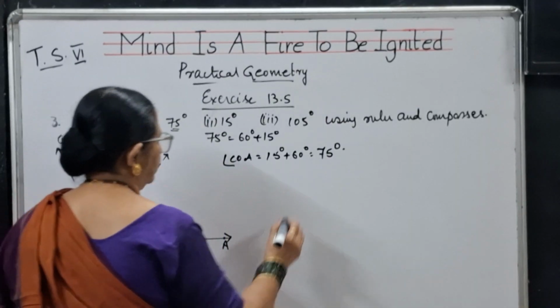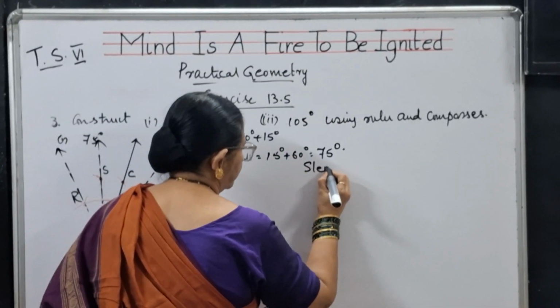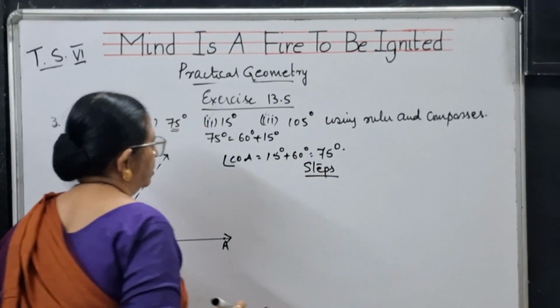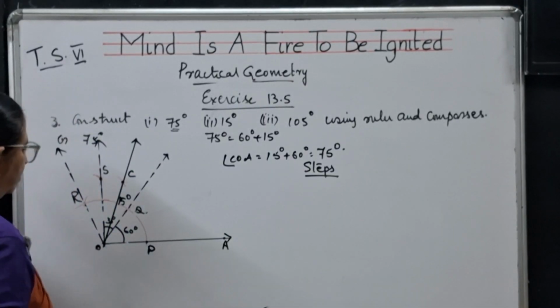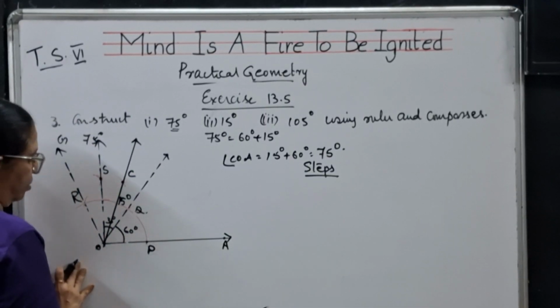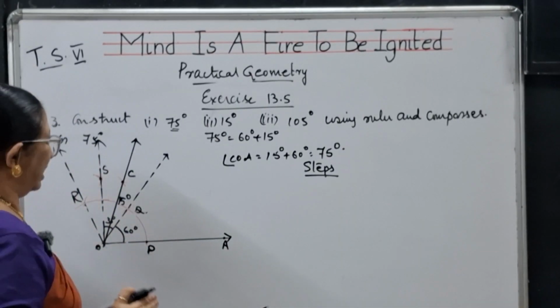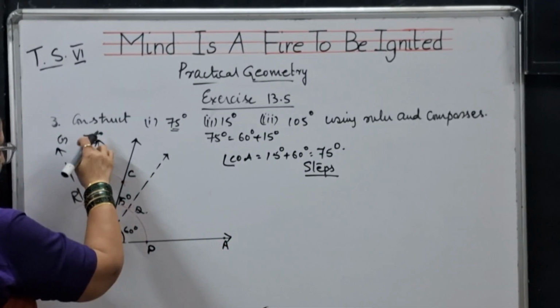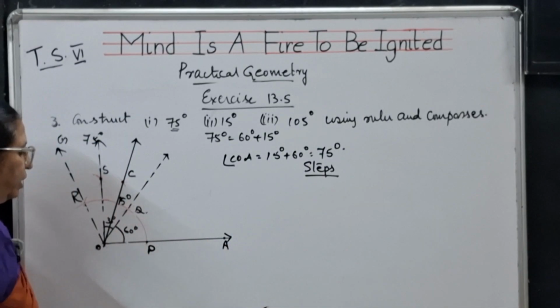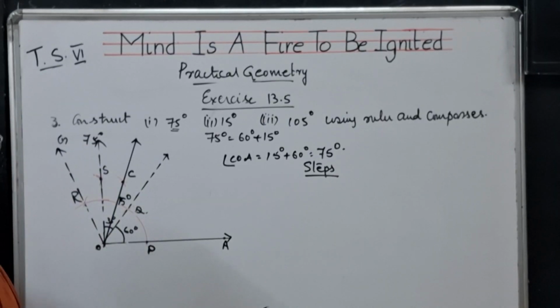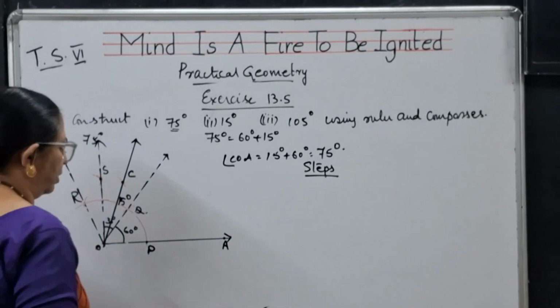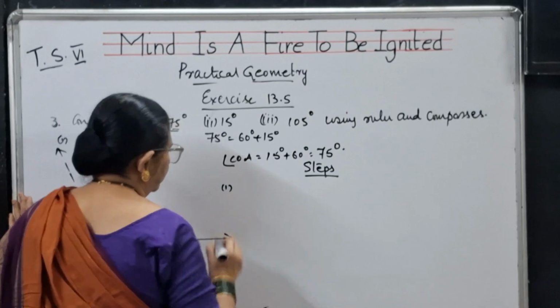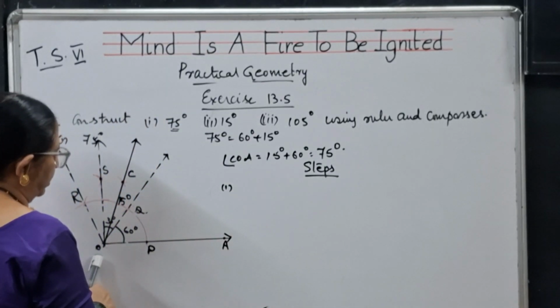So how will you write the steps? Steps of construction. First, directly we can draw angle SOA 90 degrees, or step by step, if you want to write points for every angle.